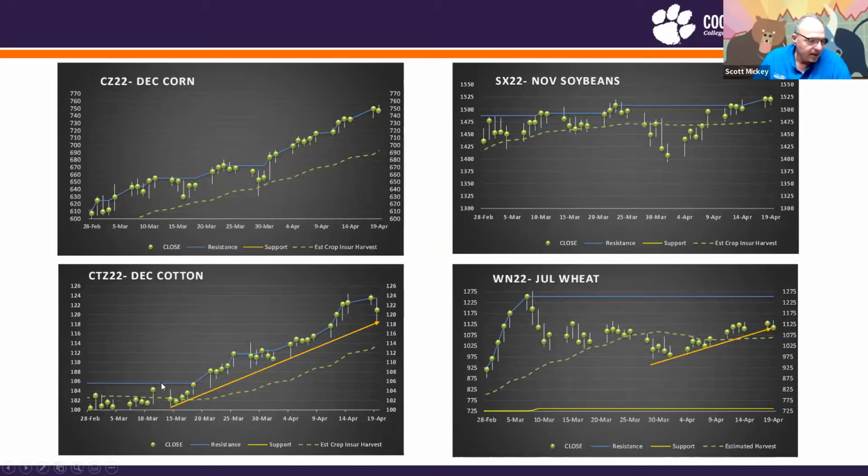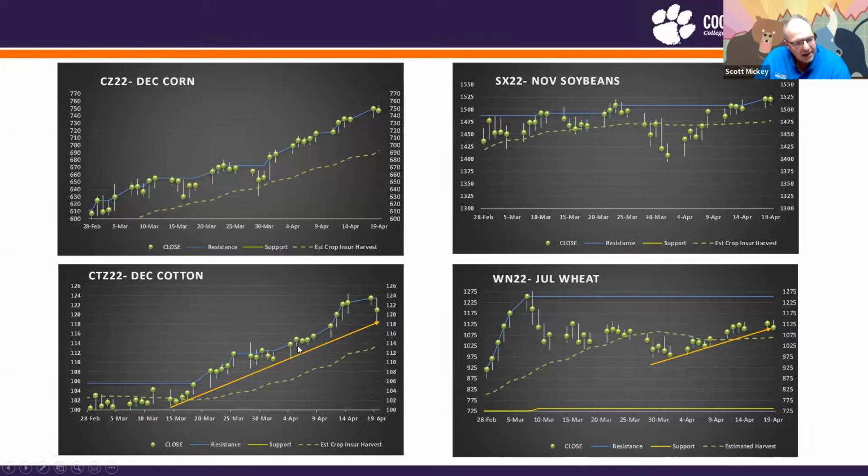Cotton has done something very similar since the middle of March. It was trading around $1.02, which any other year would be fabulous, right? I mean, we just don't see cotton prices of $1 very often. But since then, it's rallied up to the $1.10 range and traded there for about a week.